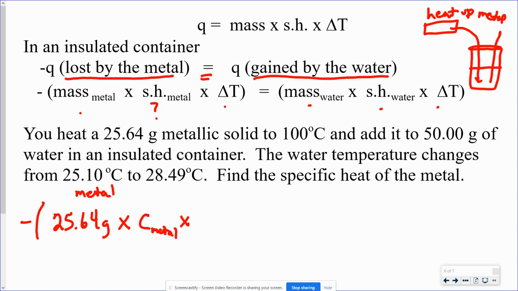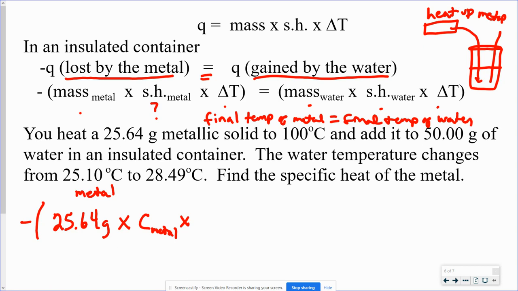And what's the temperature change of the metal? So the metal started at 100, and it's going to come to the same temperature as the water. Their final temperature is the same. Okay, so that's important. So the final temp of metal will equal the final temp of the water.